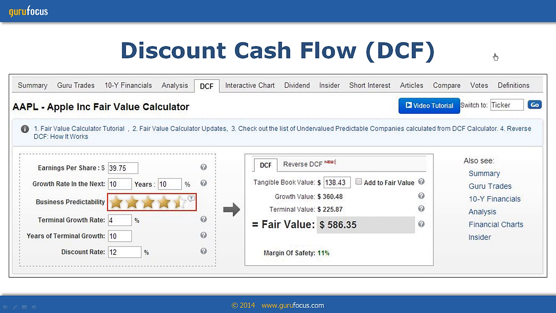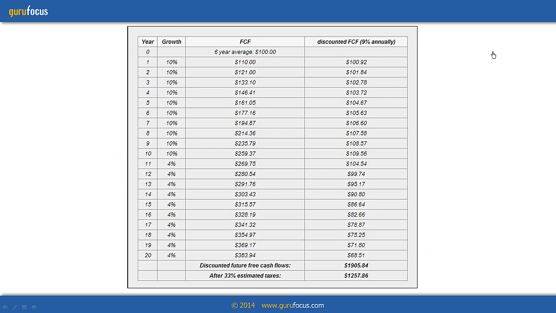Okay, so if you're not quite understanding discounted cash flow, this is what it's trying to do. This is what discounted cash flow is doing behind that pretty little calculator. It's saying, okay, this company's earning about $100 a share right now. We think they're going to grow at 10% for the next 10 years, then 4% for the following 10 years. Assuming these growth rates, this is what earnings per share will be for the next 20 years.